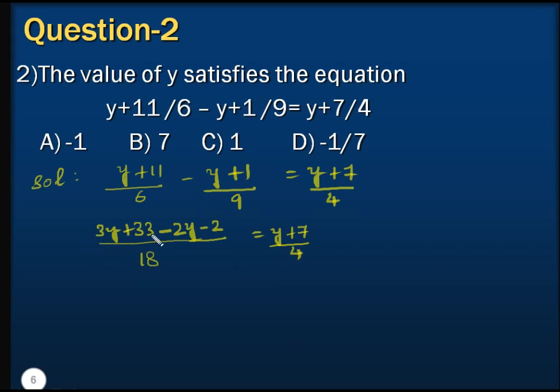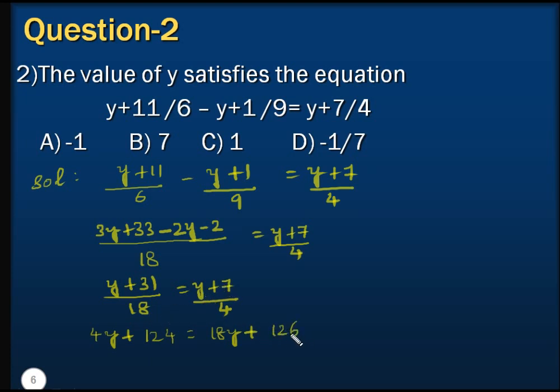So here we can subtract 3y - 2y, which is y, and here it is plus 31/18 is equal to (y + 7)/4. So here we will do the cross multiplication. So it will be 4y + 31 into 4, which is nothing but 124. This is equal to 18y + 18 into 7.